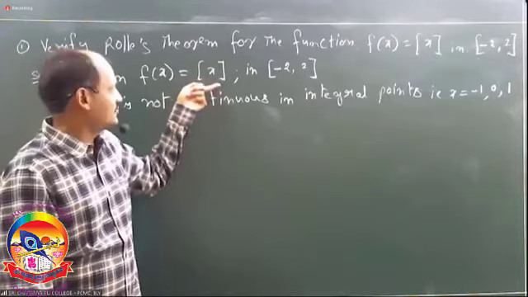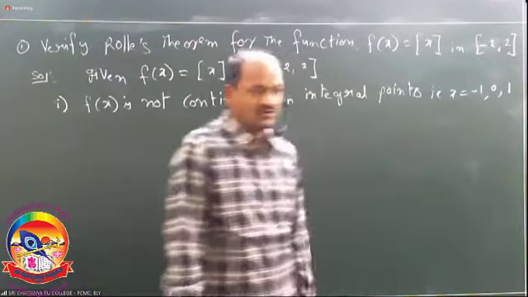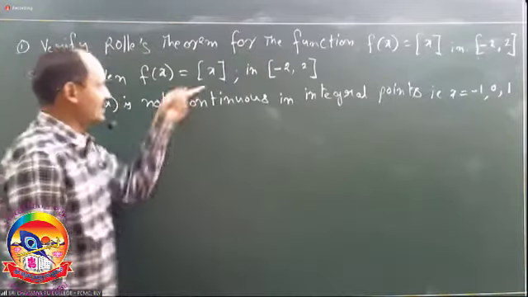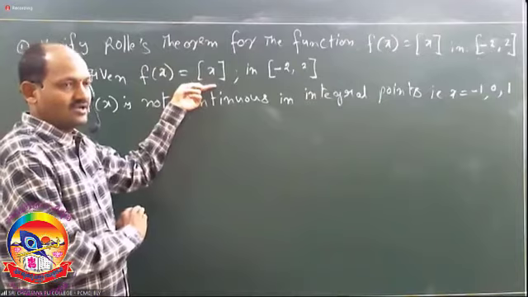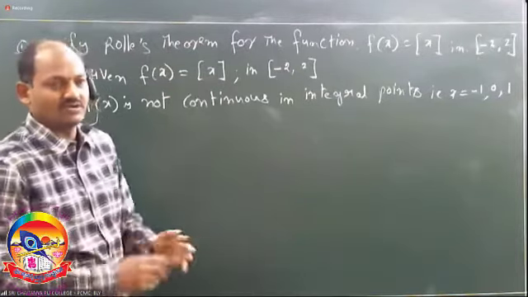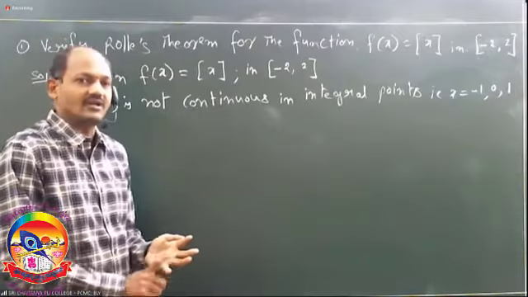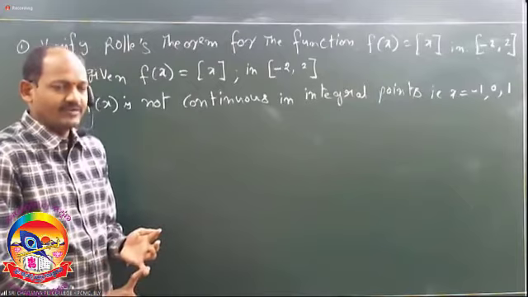Left limit at 0 for the greatest integer function is minus 1, the value before. Right limit at 0 is 0. Left limit is not equal to right limit.